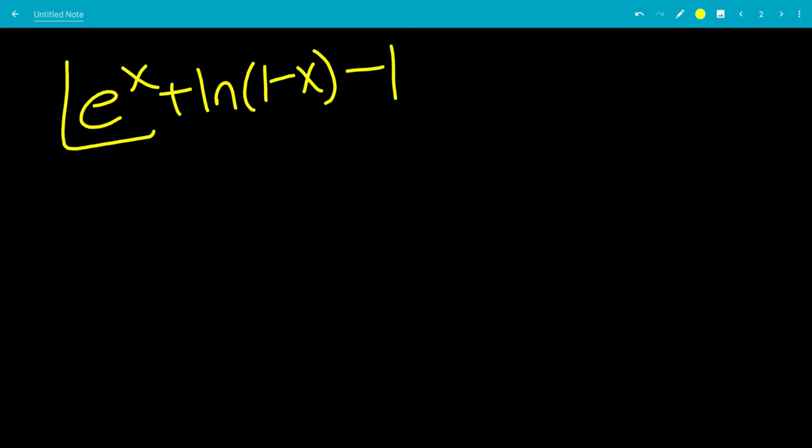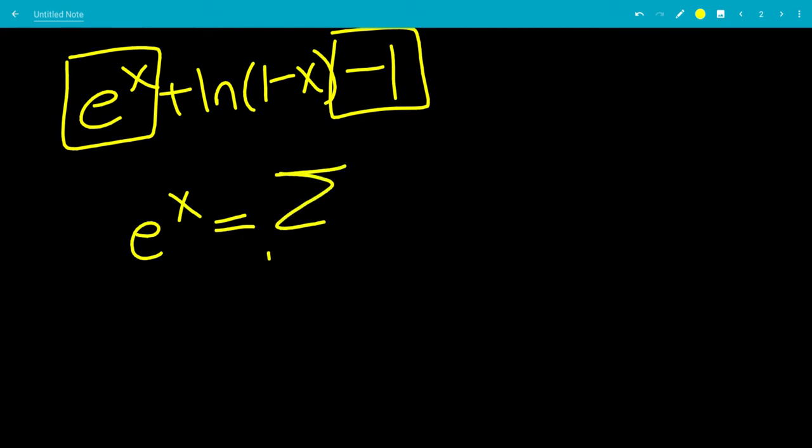Okay, we have e to the x plus ln of 1 minus x minus 1. Let's look at e to the x minus 1 first, since those are pretty easy. So e to the x will be the sum from n equals 0 to infinity of x to the n all over n factorial.